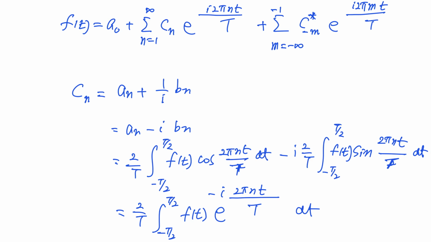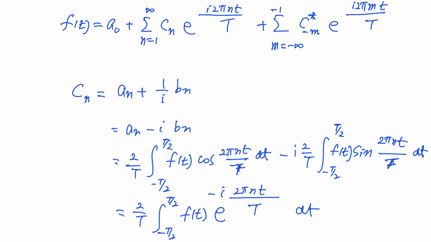Plus or minus. Plus. So you can rewrite the original Fourier series as A0 plus Cn with the same sign, but the coefficient is C minus m with the complex conjugate.